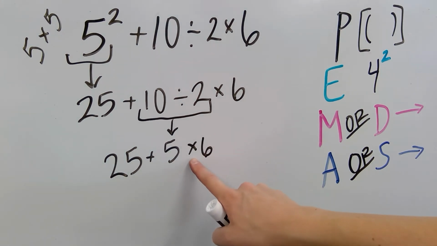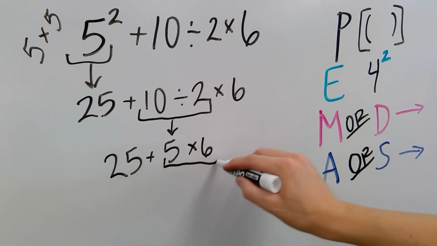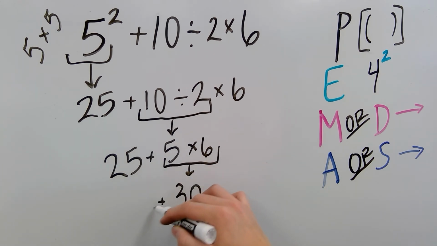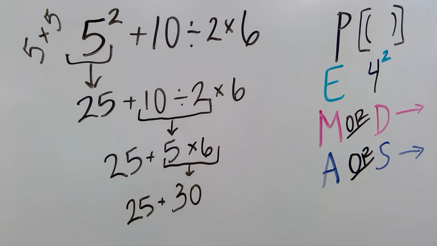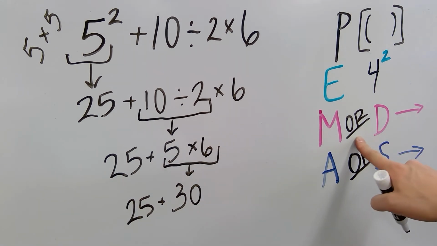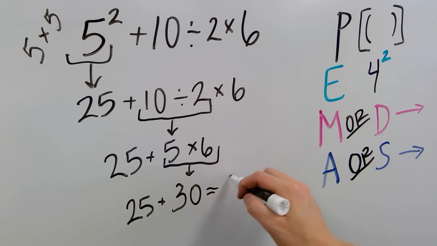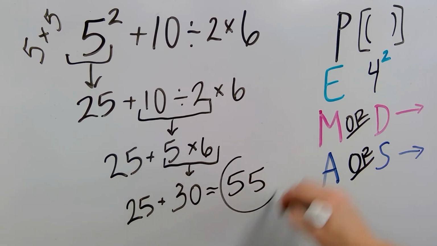Now I still have that multiplication to take care of, so I have to do that. 5 times 6 is 30. Rewrite the rest of my problem. Now I'm done with my multiplying or dividing. I move on to my adding or subtracting. 25 plus 30 is 55. So all of that equals 55.